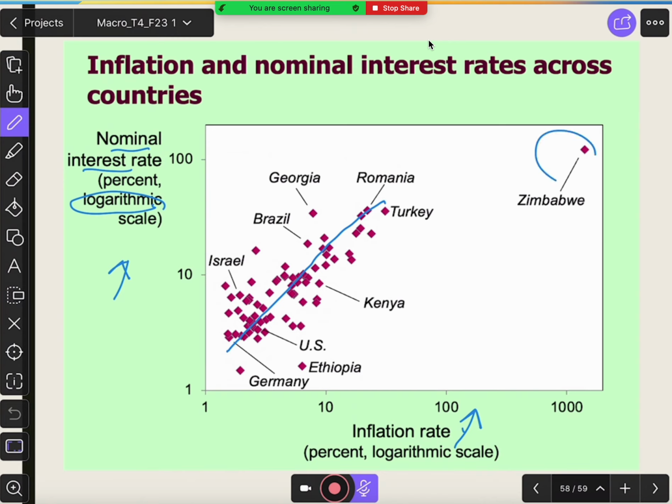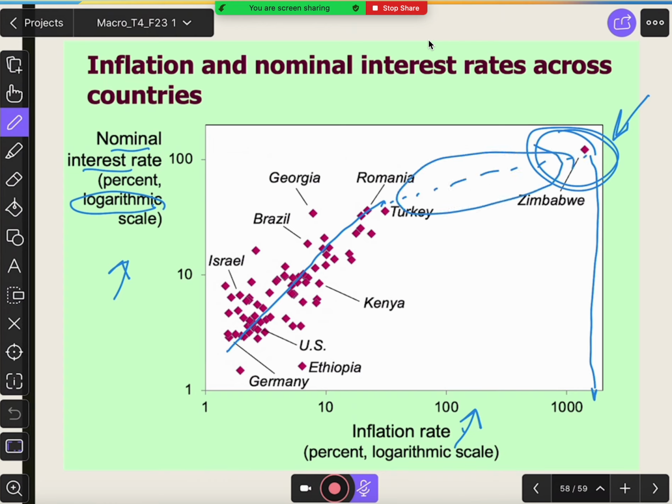We have one outlier here, but you already know why we have this outlier, which has a super high level of inflation rate. We can continue the line and go up to this point, but all of this is not supported by data, so it's better to forget about this part and say, okay, we're not considering this part because it's an outlier.